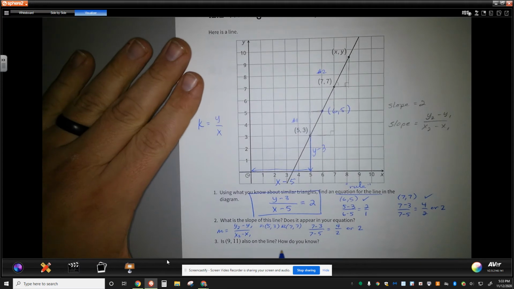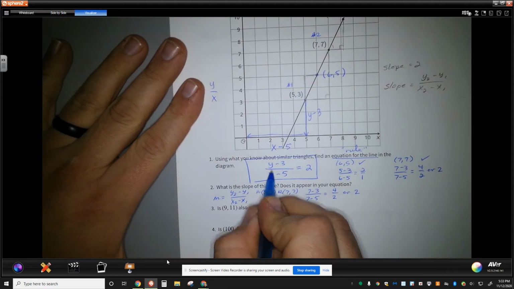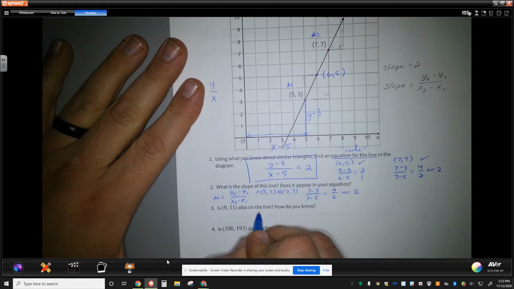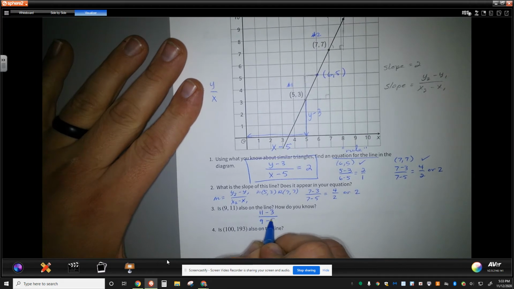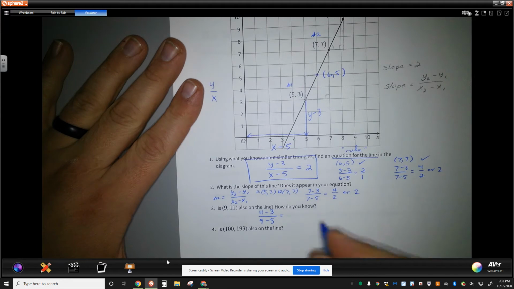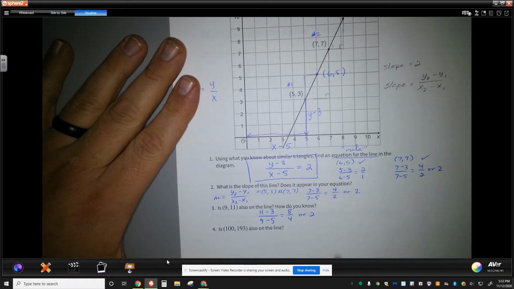So now let's test it for these other ones. 9, 11. Let's go ahead and substitute. We use 11 for the y. 11 minus 3 divided by 9, which plugs in for the x, 9 minus 5 is equal to, and it needs to come out and simplify to 2. 11 minus 3 is 8. 9 minus 5 is 4, or 2. Is this on the line? Well, yes.